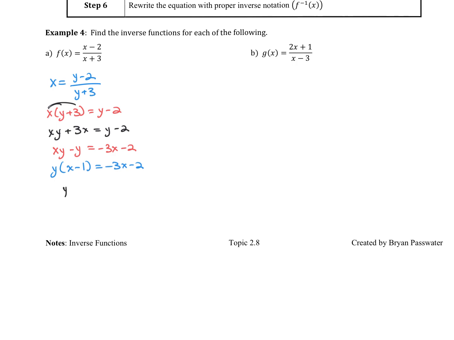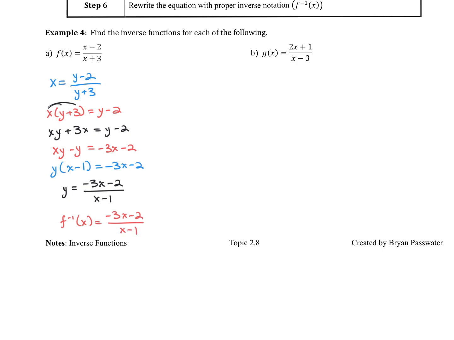And so now I have y is equal to negative 3x minus 2 over x minus 1. All right? And so I don't have an inverse yet. And so what do I need to replace this y with? f inverse of x, which would be equal to negative 3x minus 2 over x minus 1.